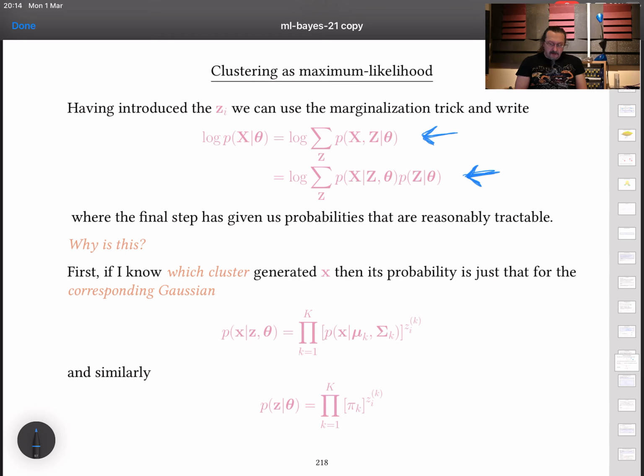Now, these are a little more tractable than the probabilities we dealt with before. Because probability of x given z and theta, now I'm asking what is the probability of a given point when I actually know which cluster generated it. It's conditional on knowing z, the latent variable.